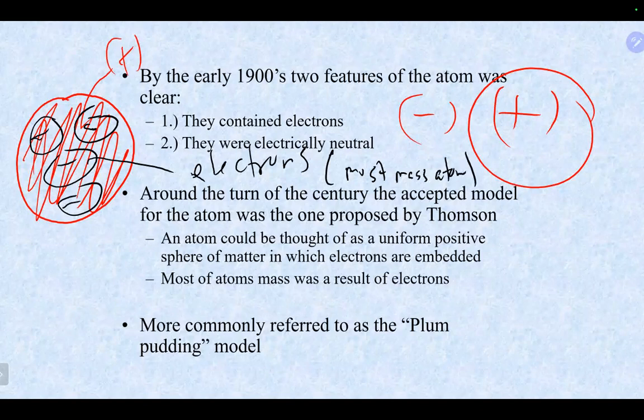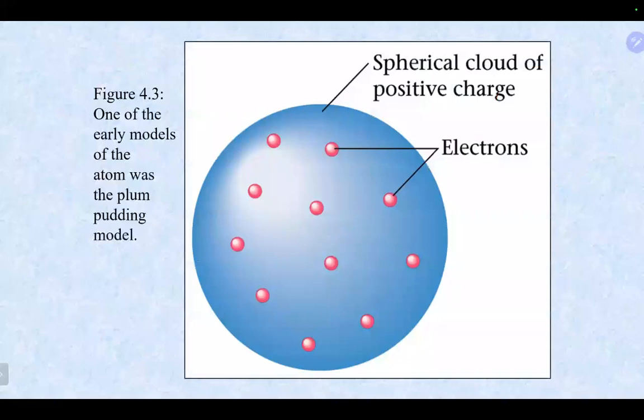This was the accepted model of the atom, the one proposed by Thomson. We have positive charge spread out all over the sphere, with electrons embedded in there, kind of like the raisins in the dessert. And again, most of the mass of the atom was made up of these negatively charged electrons.